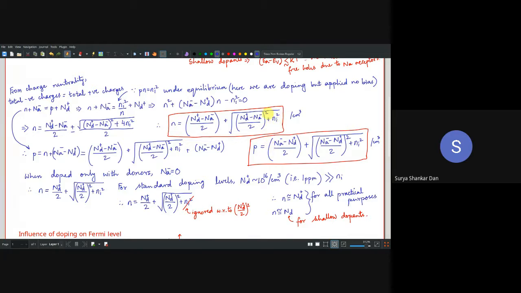Here I have developed a completely generalized model. This is the free electron concentration n, and this is the free hole concentration p, given the doping concentrations Nd and Na. It is generalized because I have included both Nd and Na.